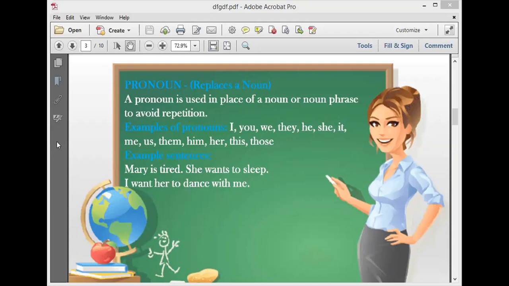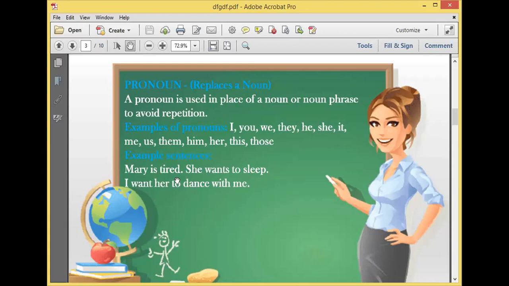That's not your business, but for now, what is a pronoun? A pronoun is used in place of a noun or noun phrase to avoid repetition, right? So examples of pronouns: I, you, we, they, he, she, it, me, us, them, him, her, this, those. Example of this in the sentence: Mary is tired.